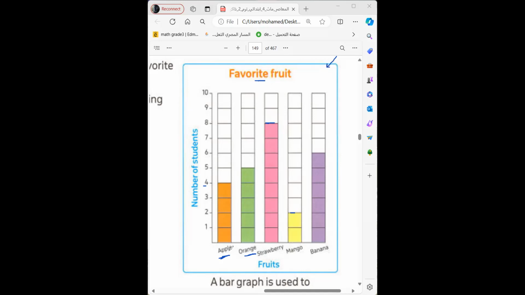I'm talking about only one type. I'm talking about fruits. And also I'm talking about one class. Whatever, I don't care who is inside the class. I'm talking just about one class. Understand? This is the first thing related to the bar graph.